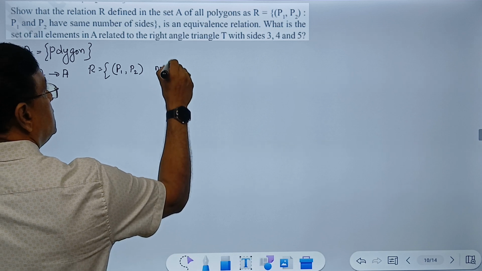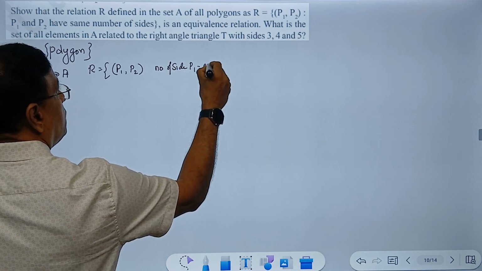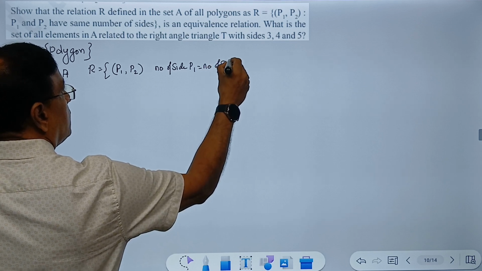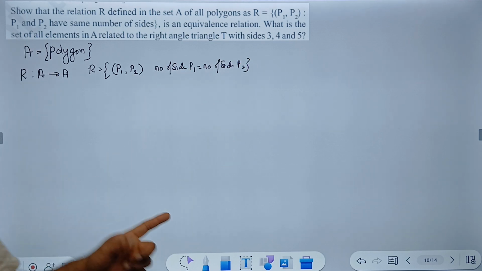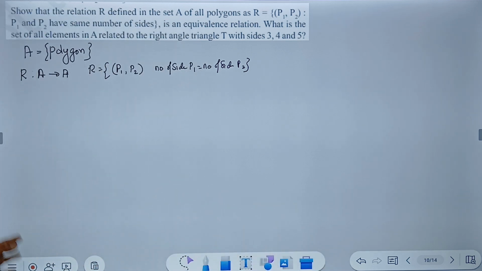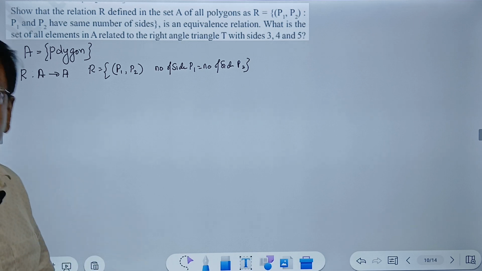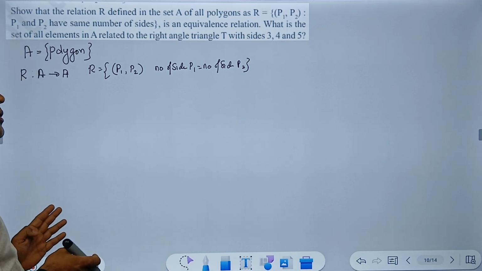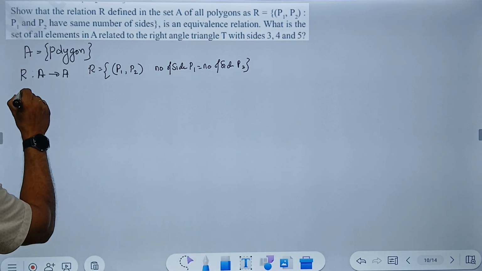So the number of sides of P1 equals the number of sides of P2. Number of sides, okay? You did not say sides are equal. You said the number of sides of P1 should be equal to the number of sides of P2. That means if P1 is a triangle, P2 also must be a triangle. If P1 is a quadrilateral, P2 must be a quadrilateral. Okay. So let's talk about reflexive.